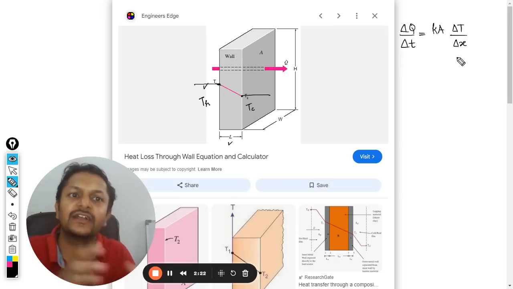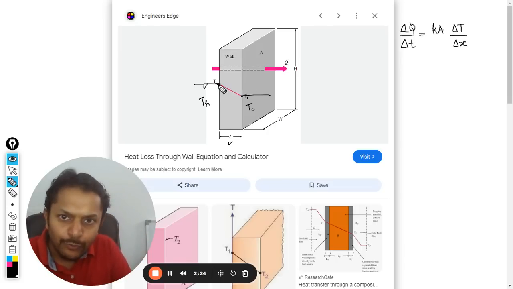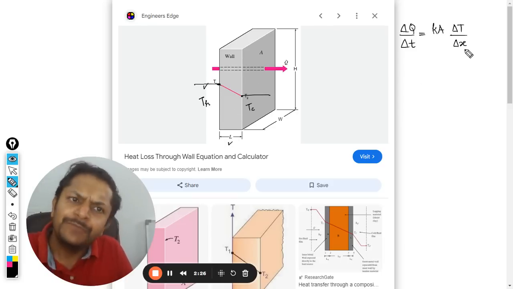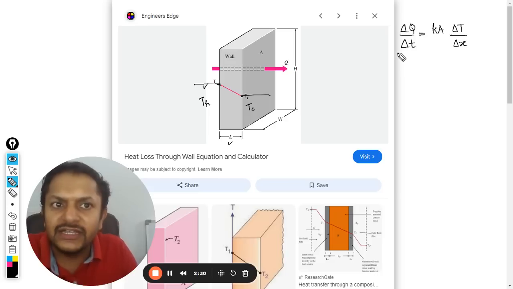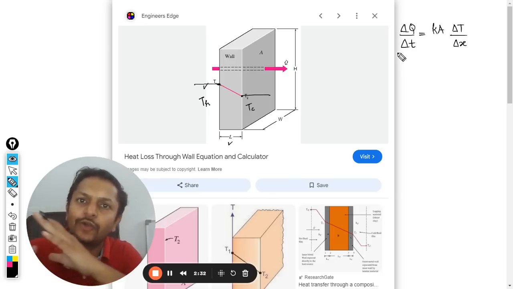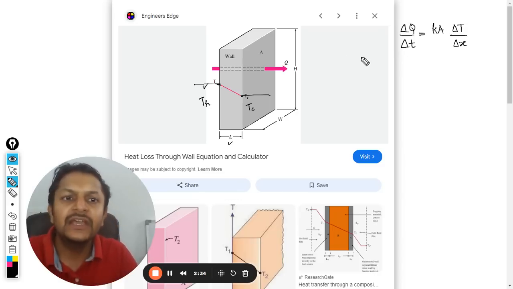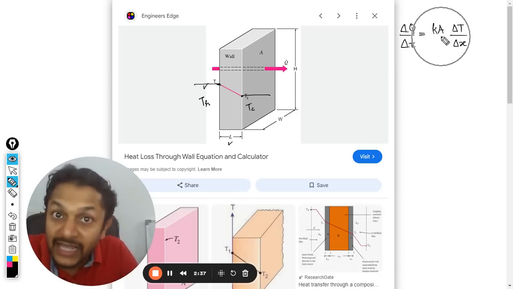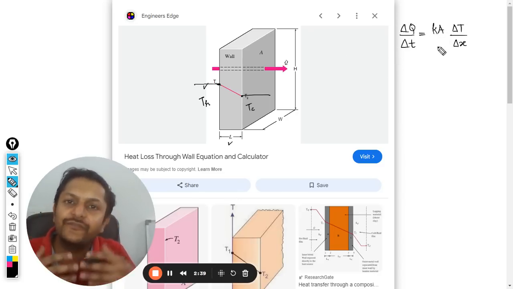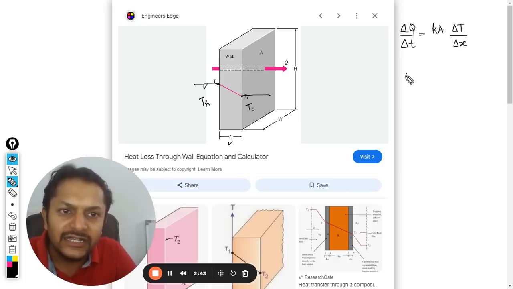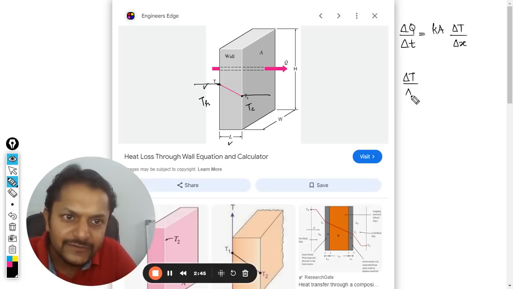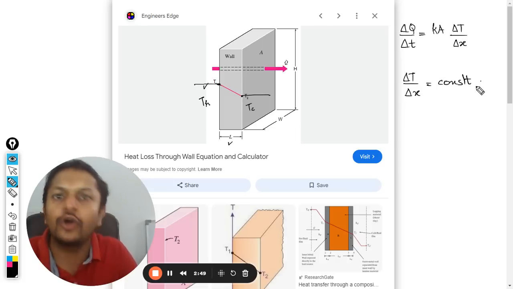If you want to find the gradient, that is the slope of this line, you would be using delta T by delta X. Now delta Q by delta T is a constant value. It is not changing. So K is constant, A is constant. From there, we can very easily understand that the gradient, which is delta T by delta X, will come out to be a constant value.